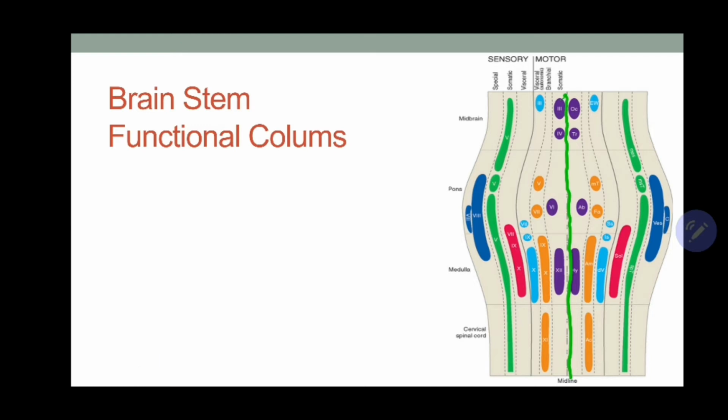Another thing that you'll notice here is that these functional columns are bilaterally placed. Look here, this is another sulcus, and that is called sulcus limitans. On either side of the midline, this portion on both sides is called the basal lamina, and there are three functional columns here, medial to lateral.